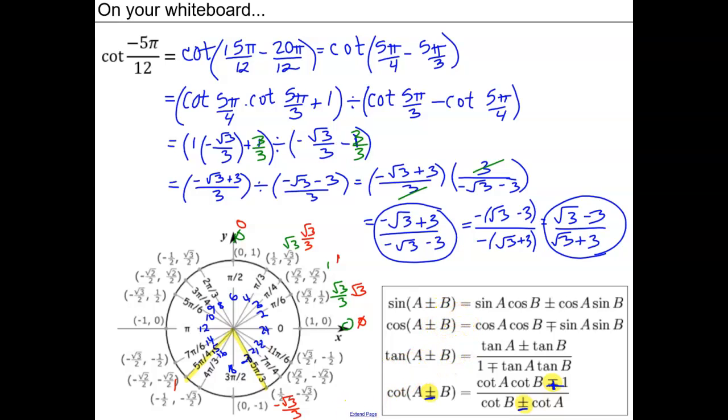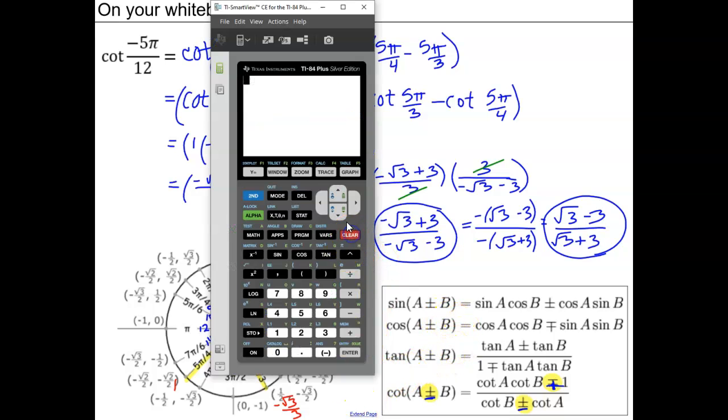In either case, you can check that answer, making sure you're in radian mode, by evaluating the cotangent of negative 5 pi over 12. Now remember, there's no button on the calculator for cotangent, so we need to use the reciprocal identity, which is 1 divided by the tangent.